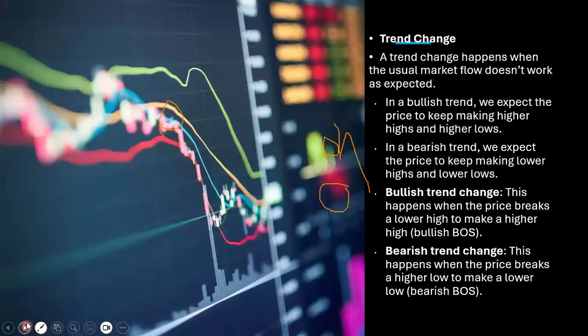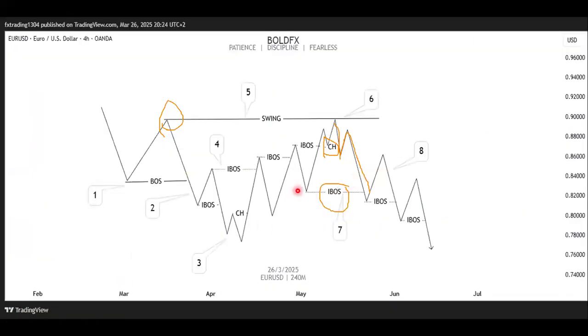So going back to where we were at this diagram, this was your swing high and it got broken, right? So after a break of structure, a new swing is being formed. So right here, you have your break of structure, here at number 7, which simply means a bearish IBOS.